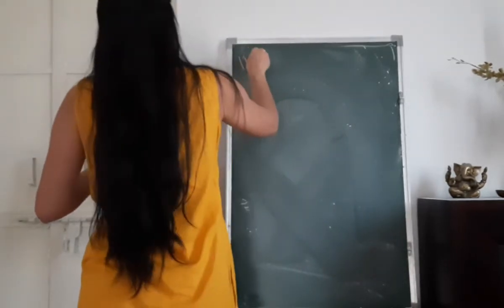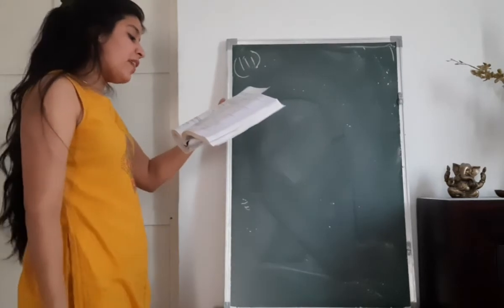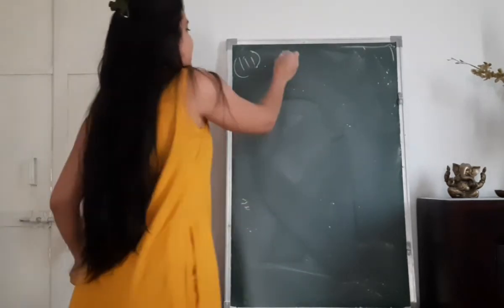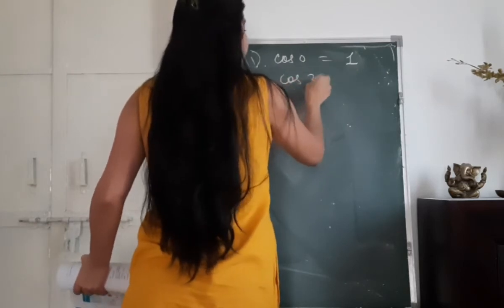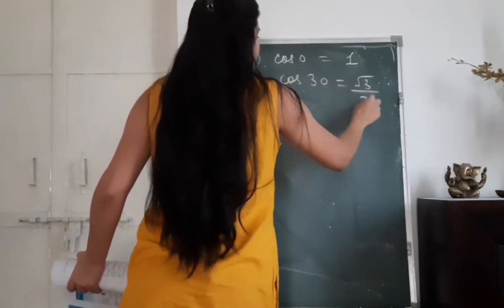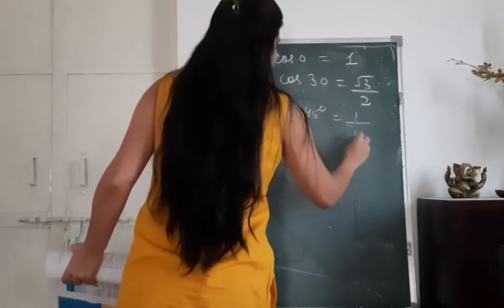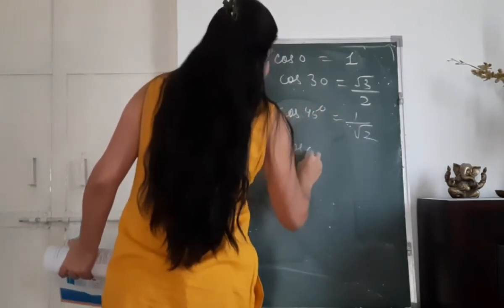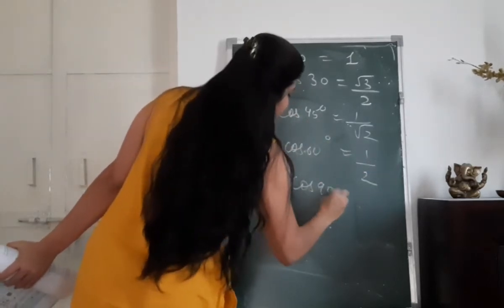Let's move on to the third statement, that is the third part of this question. The value of cos theta increases as theta increases. Cos 0 is equal to 1. Cos 30 is equal to root 3 by 2. Cos 45 degree is equal to 1 upon root 2. Cos 60 degree is equal to half. And cos 90 is equal to 0.